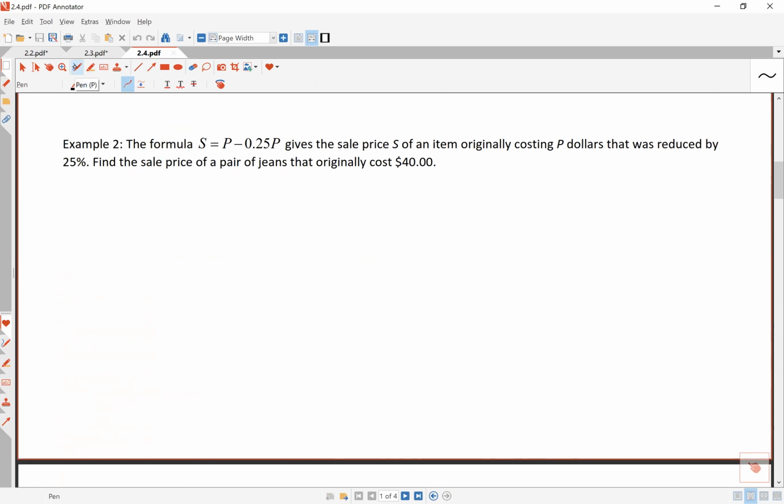It says that the formula S equals P minus 0.25P gives the sale price S of an item that originally cost P dollars, but it was reduced by 25% of the price of the jeans. Find the sale price, meaning find S, if the pair of jeans originally cost $40.